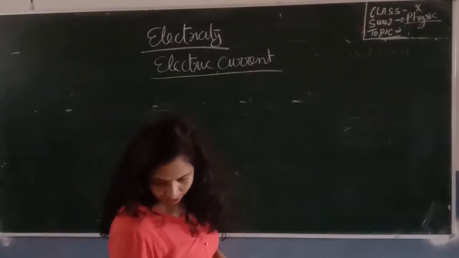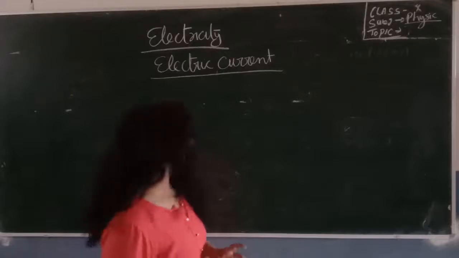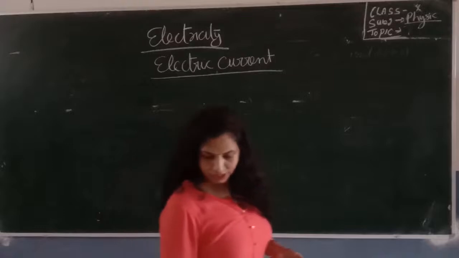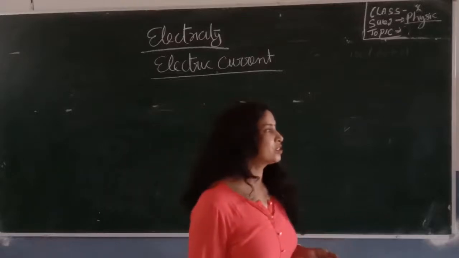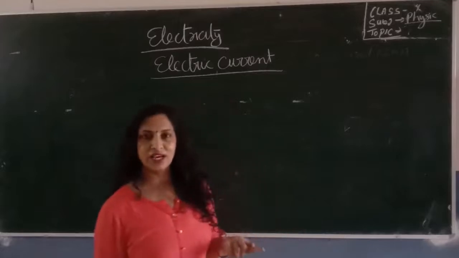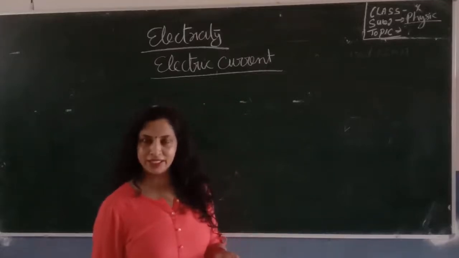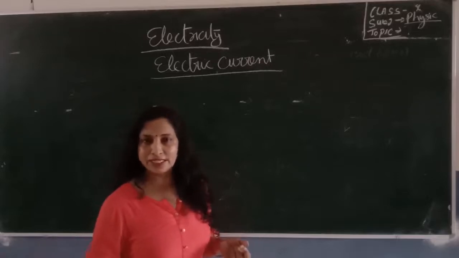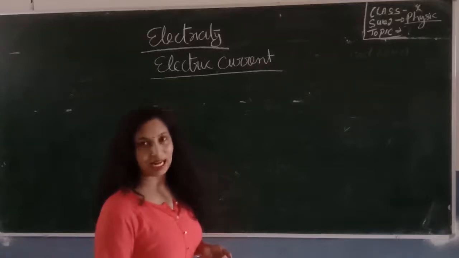A continuous flow path in which we have a switch, a bulb or a resistance wire, a connecting wire, and a key and a battery, and we connect all these things so that the current starts flowing through it. This is called the electric circuit.